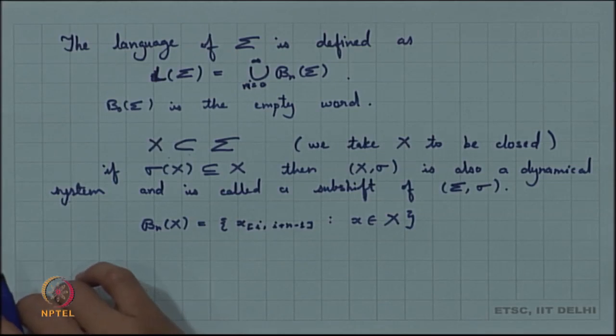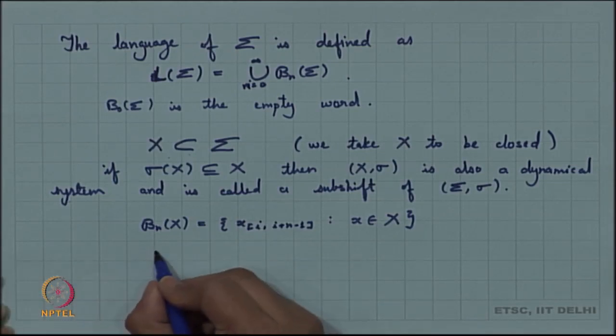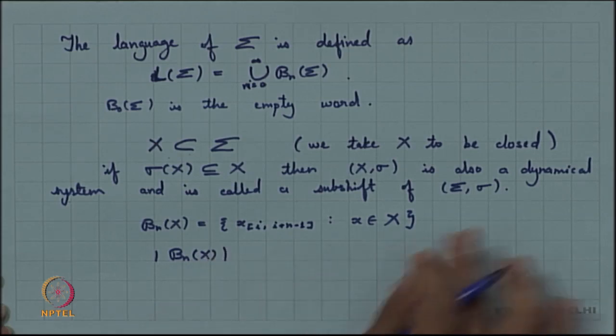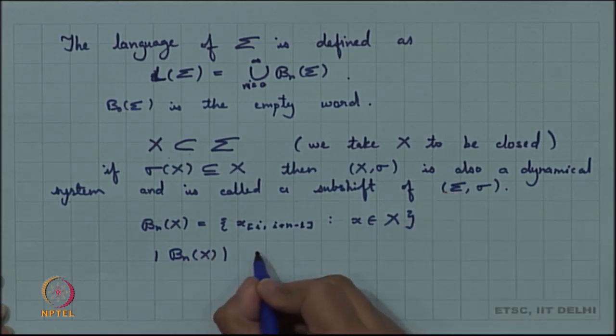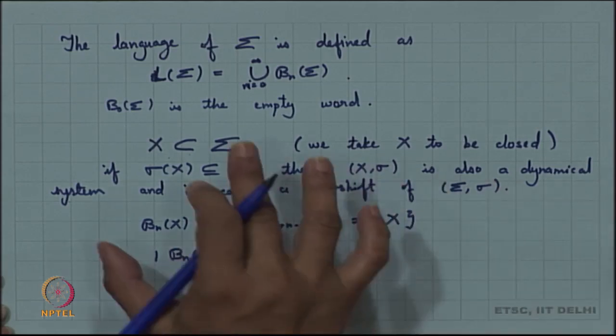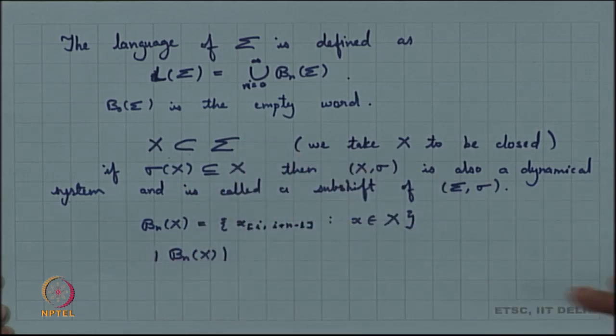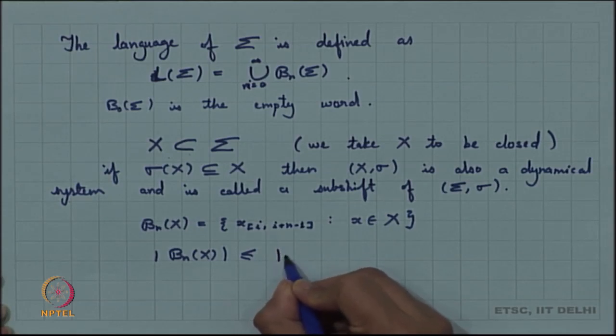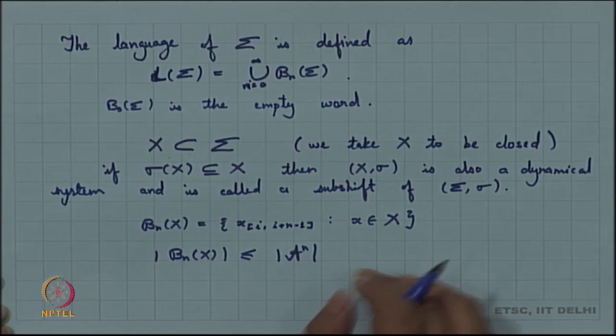So, these are my words, and if I look into how many such words would be there, we know that the bigger system is sigma. For sigma we know that words of length n are a to the power n, right. Basically, how many elements are there in A to the power n. So, this number of words is always less than or equal to the number of words in A to the power n, and so this is a finite set.